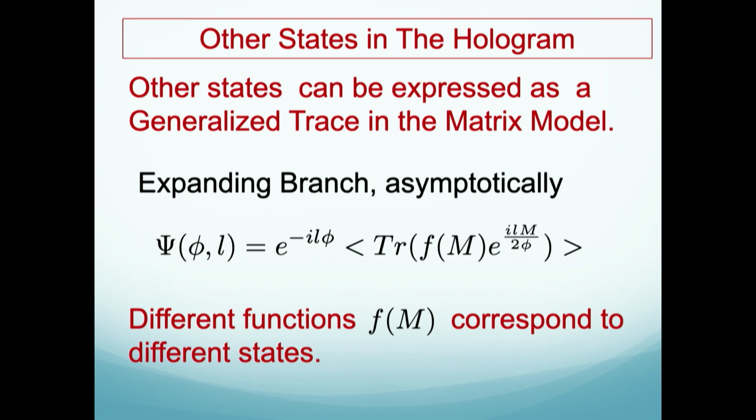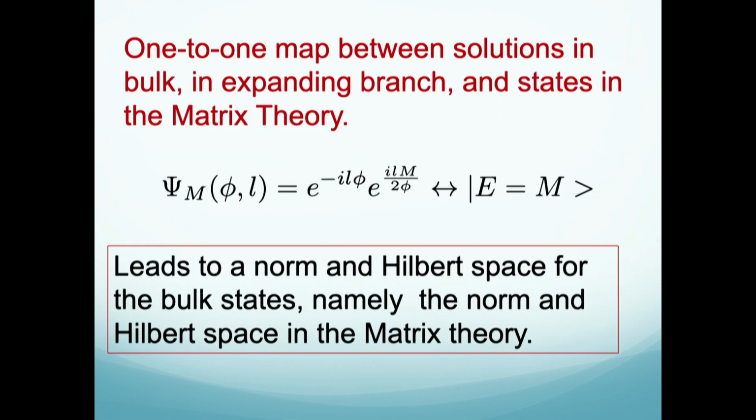So in other words, you can map every state, a state with a mass parameter m, which I told you about, to an eigenstate in the matrix theory corresponding to the eigenvalue E of the matrix taking value m.